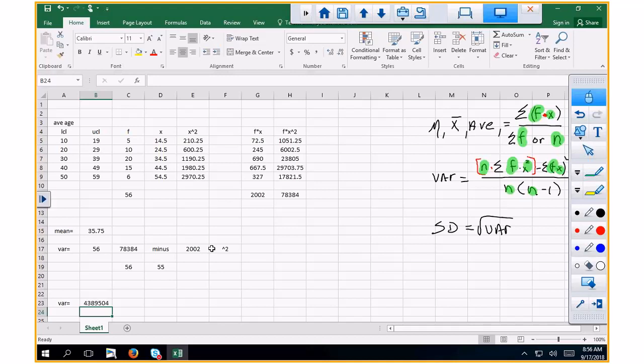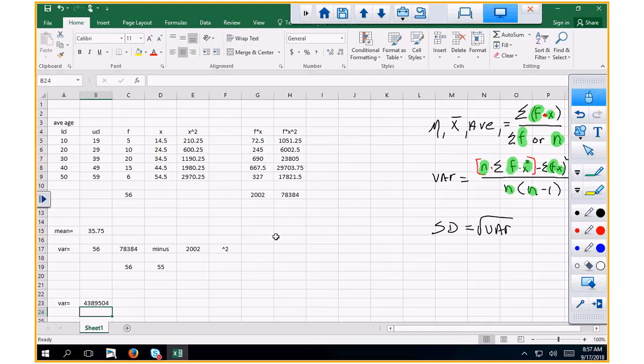No, because 56 has got a minus there. They're married, you can't break them up. It's 56 times this, N times the summation, minus. If these two were multiplied, you could cancel. What was your other question?